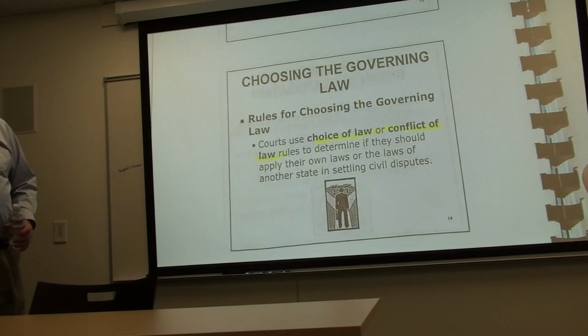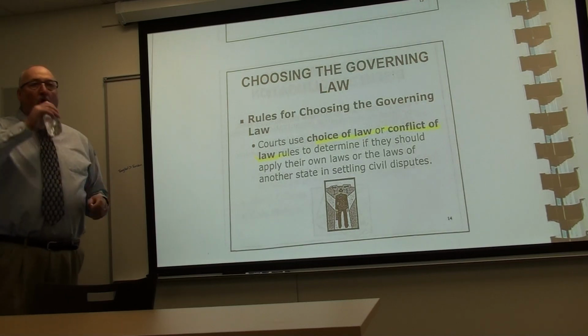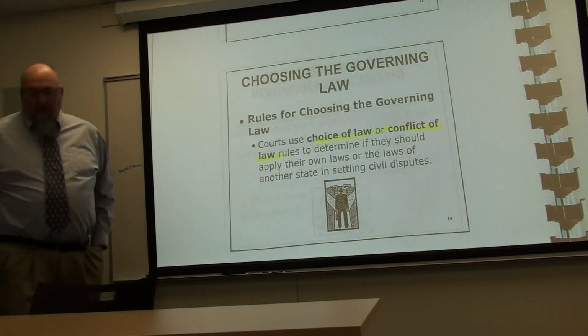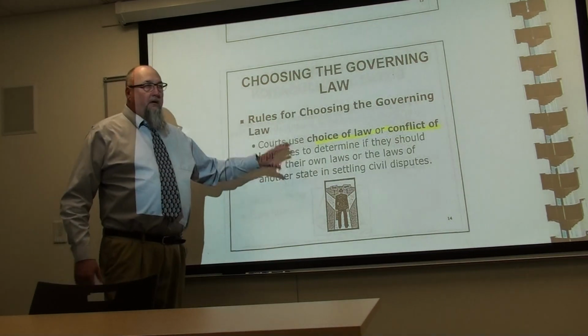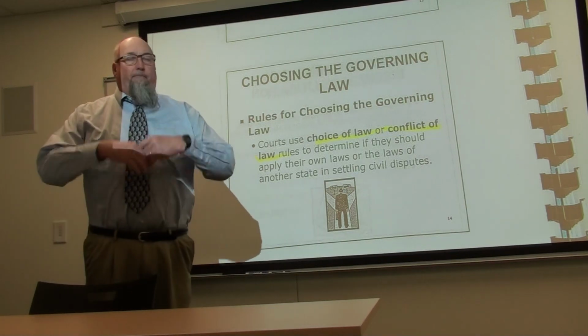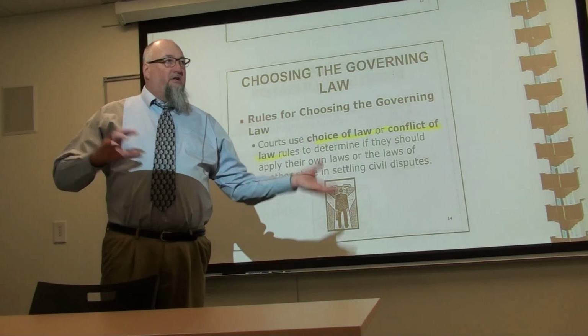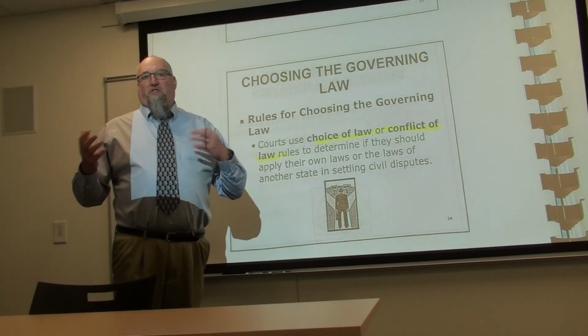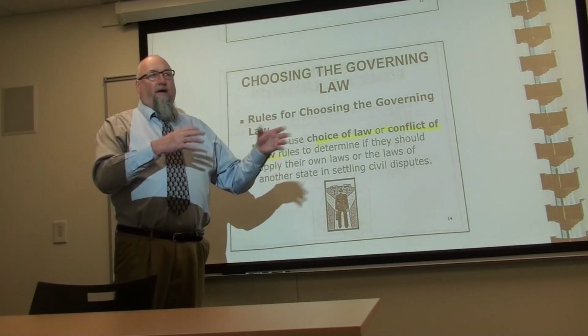So now we're talking about a contract. Contract provisions, so perhaps it's a contract between a French company and a U.S. company, and for sale of grapes or wine or whatever it may be.